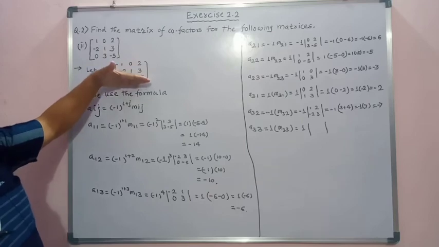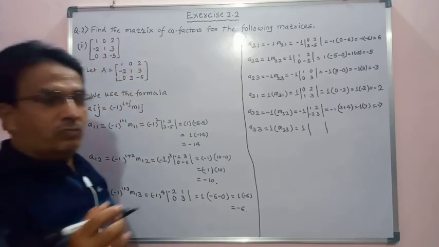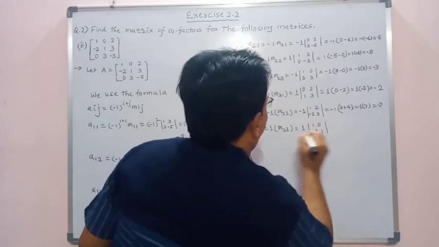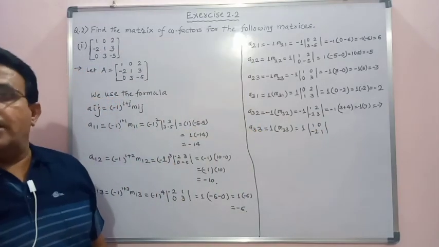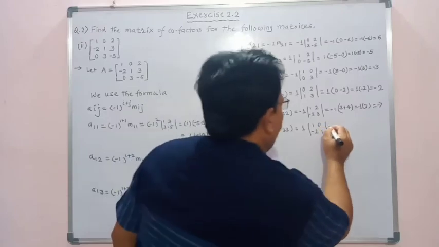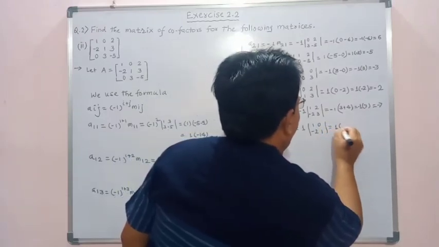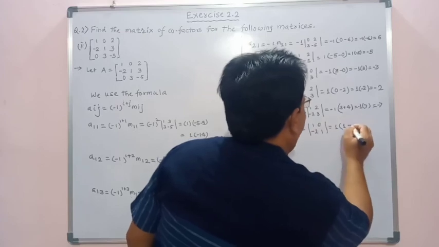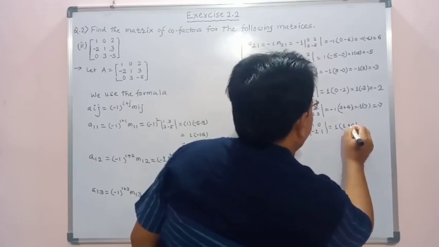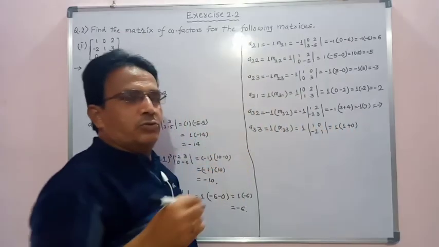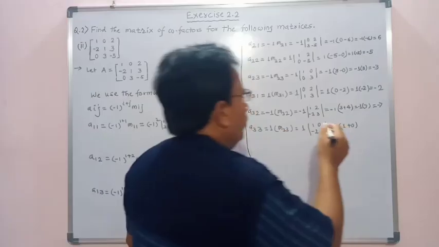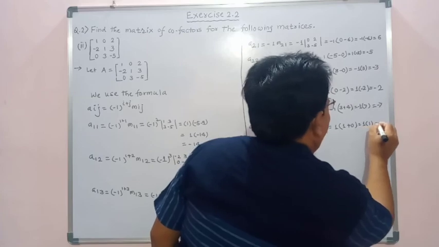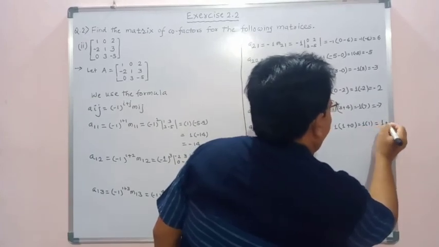M33 means leaving off third row, third column: 1, 0, minus 2, 1. Therefore, 1 into 1 is 1. Minus 2 into 0 is minus 0, and this minus is a plus. 1 into 1 plus 0 is 1. This cofactor is plus 1.